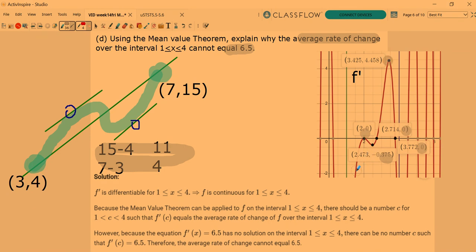This function never reaches the ceiling of 6.5, therefore the average rate of change cannot equal 6.5.